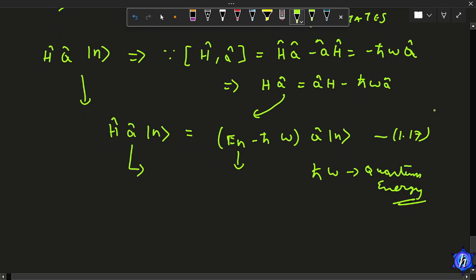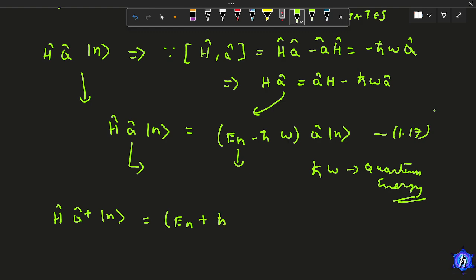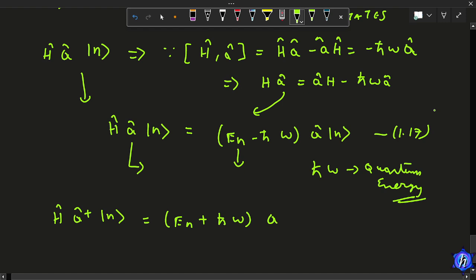Similarly, if we do a similar exercise for H A†|n⟩, we will find (E_n + ħω) A†|n⟩. This is my equation 1.18.